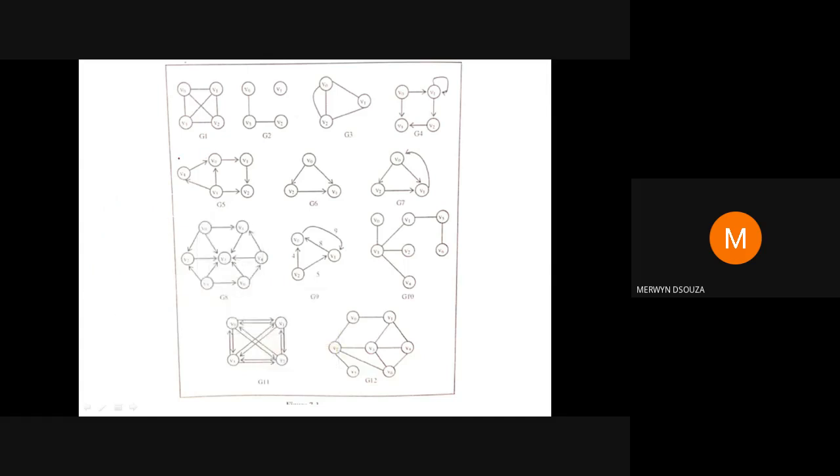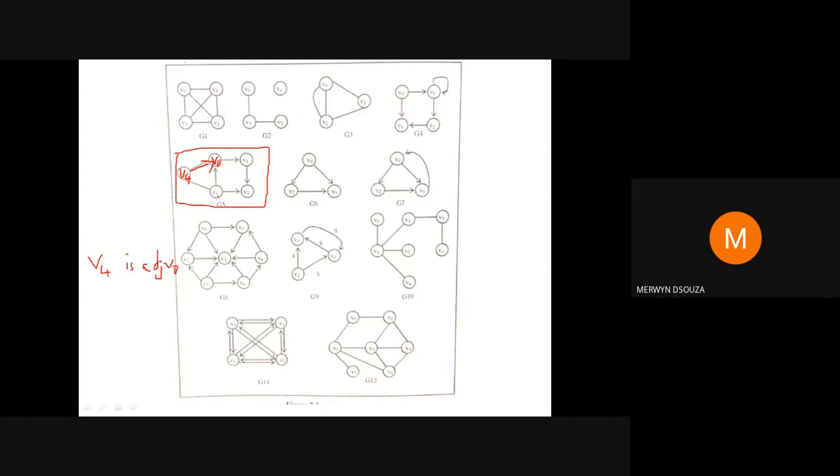Now look at this digraph, or directed graph. This is V4 and this is V0. You can see there's an edge going from V4 to V0. Therefore, I will say that V4 is adjacent to V0.